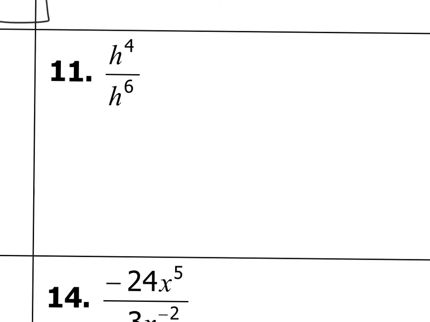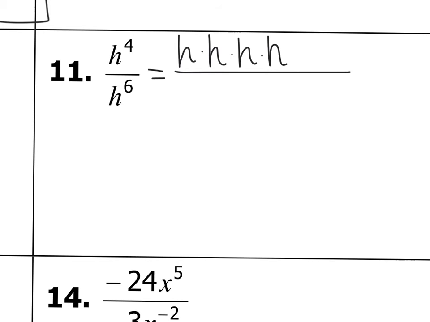And let's look at number 11. So there's a couple things we know about h to the power of 4 divided by h to the power of 6. We know that in factored form, I have 4 h's on the top and 6 h's on the bottom.